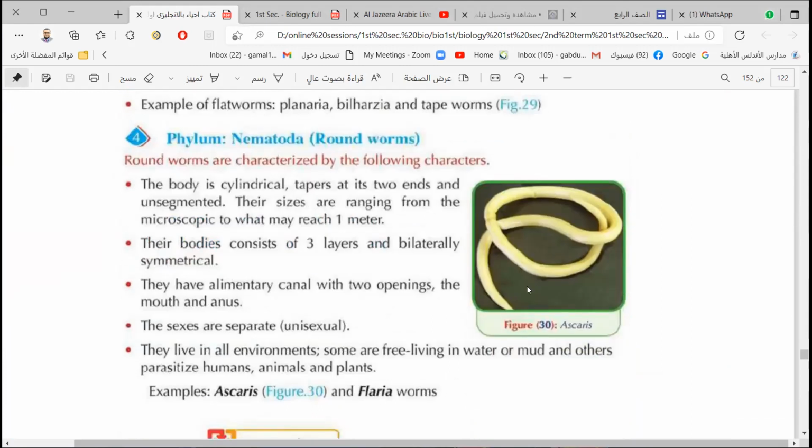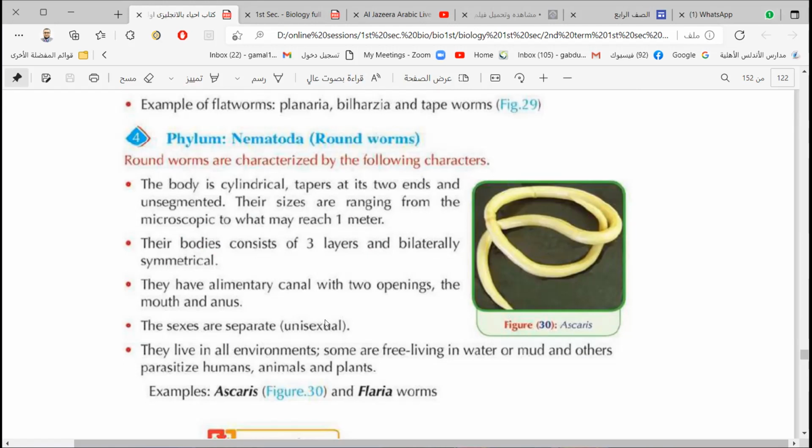The body is cylindrical and round, tapered at the two ends, and the body consists of 3 layers. They are not segmented. They have no segments. The body is not segmented, and they are unisexual.